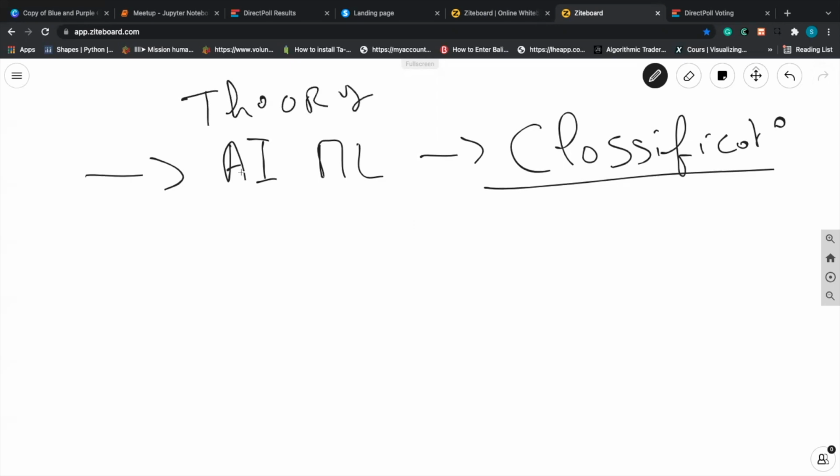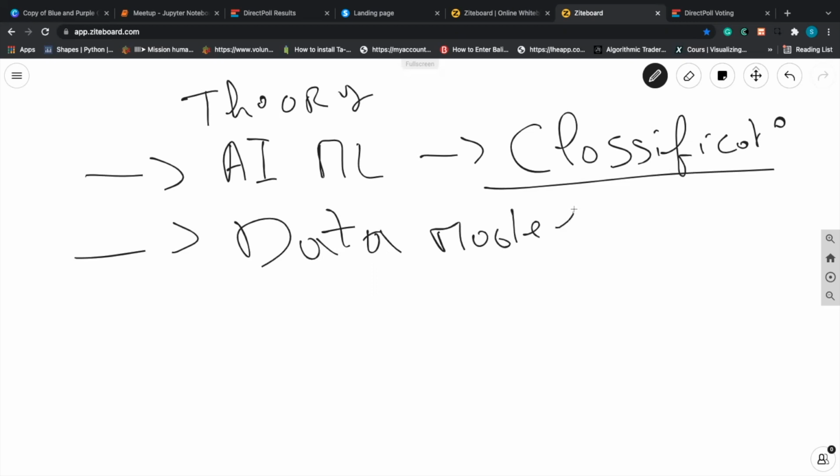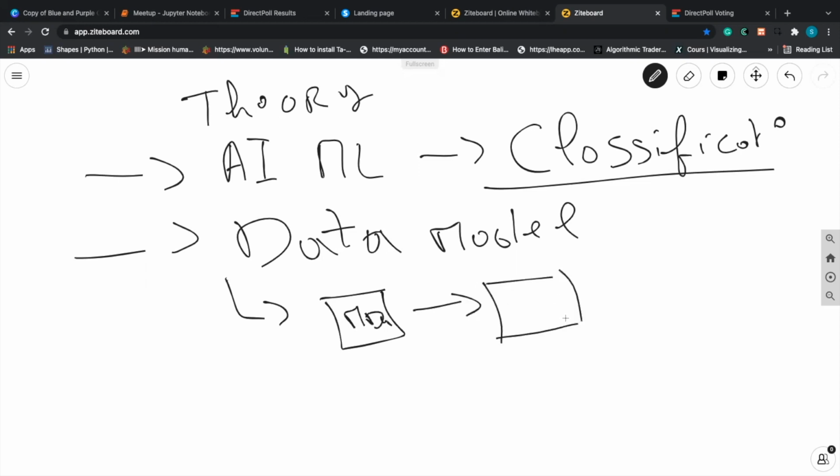And after that, we are going to talk about data modelization, which means we are going to develop a data model. For people who were here during the first session, how did we work? First of all, we downloaded the market data. After that, we implemented our mathematical equation.